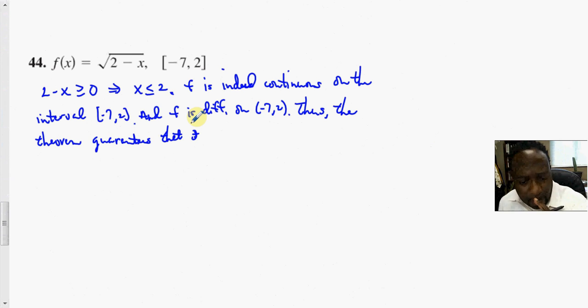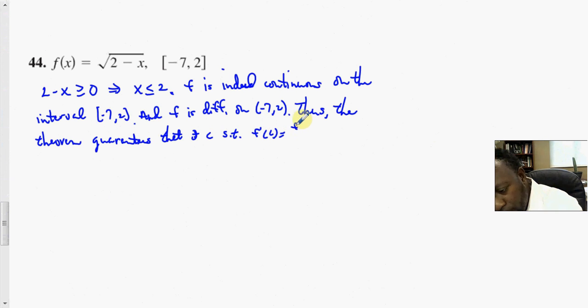So thus the theorem guarantees that there exists a C such that f prime of C is equal to f of b minus f of a all over b minus a.